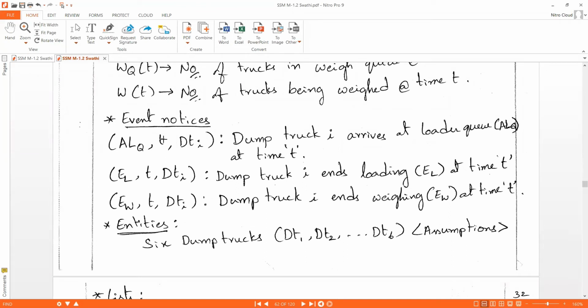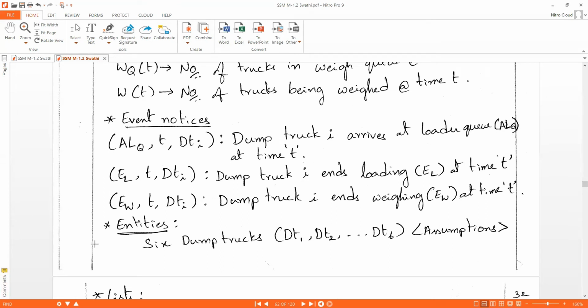DTI is the dump truck number, whether it is DT1 or DT2 or DT3. T represents the time at which it arrived at the loader queue. So truck I arrives at the loader queue at time T.